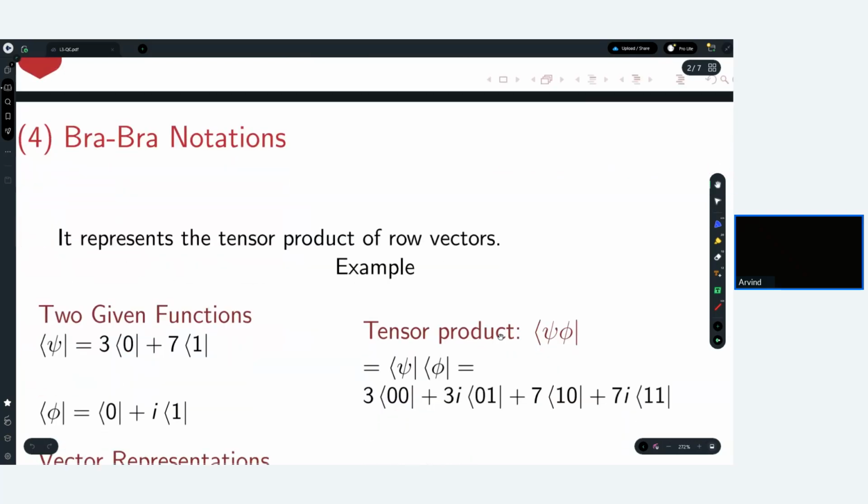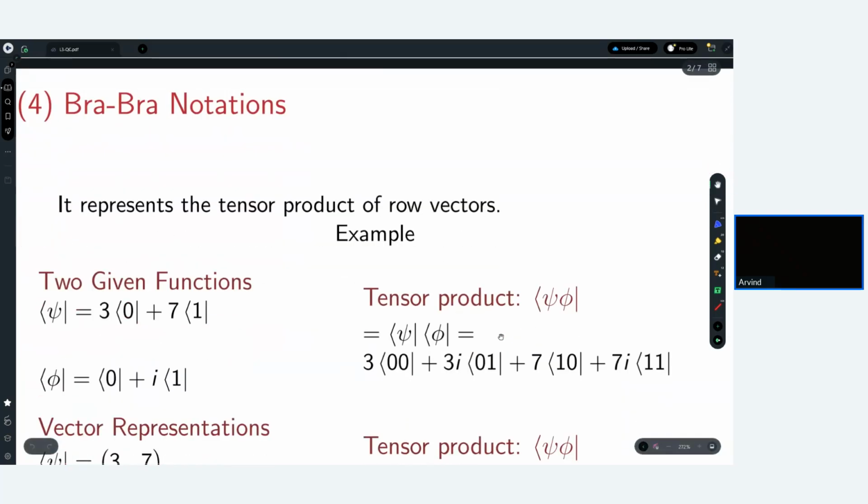So the fourth form of bracket notation is the bra-bra notation, and this is the combination.